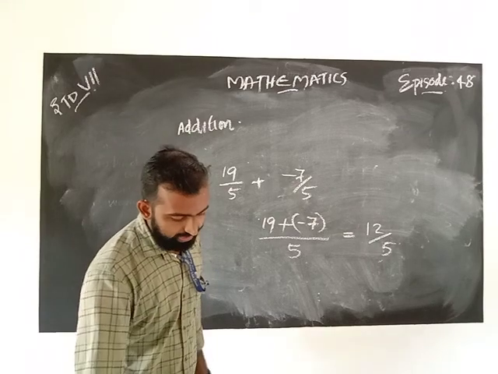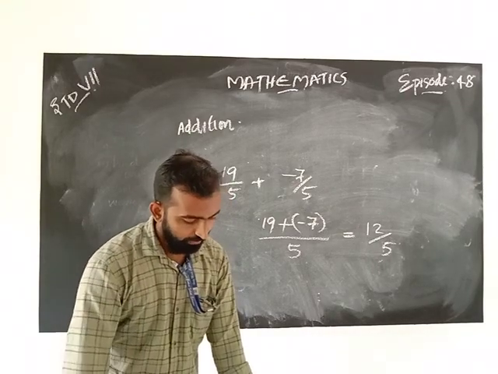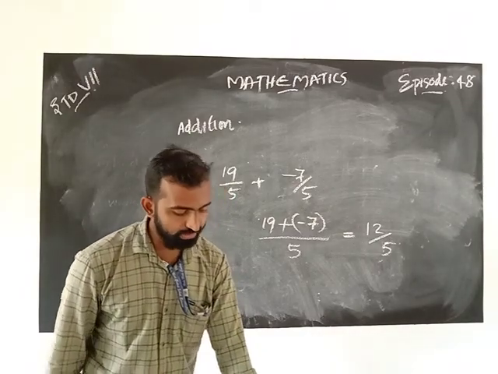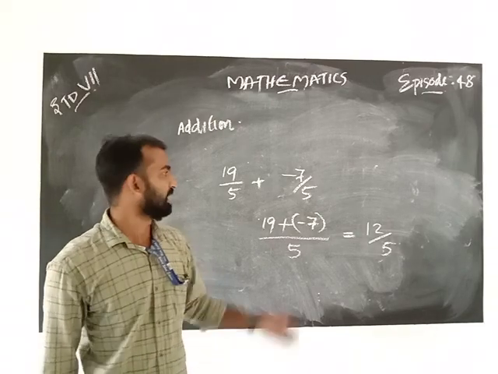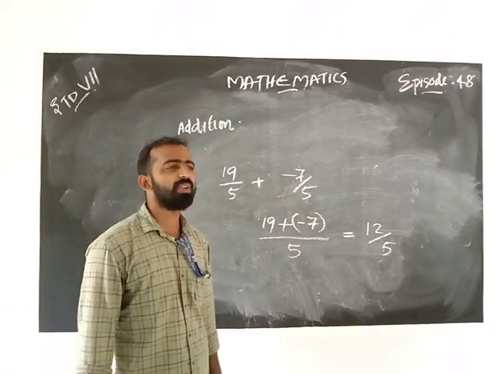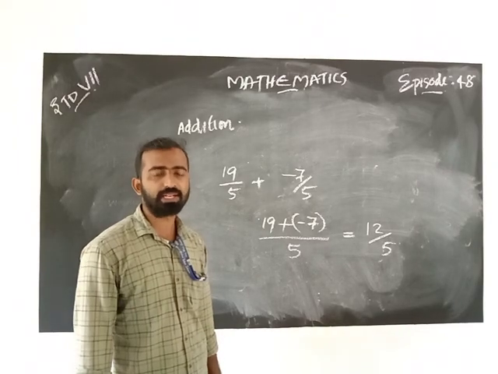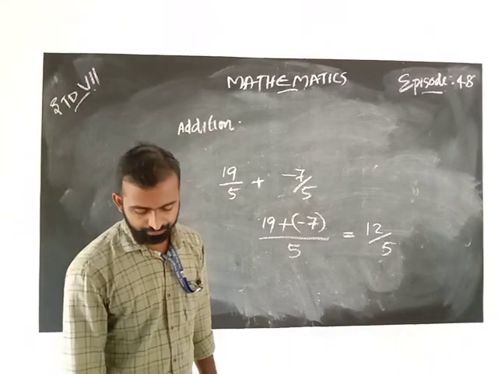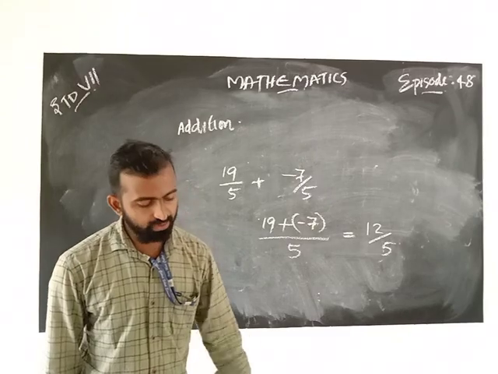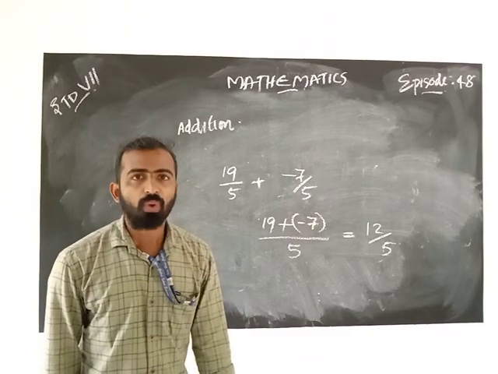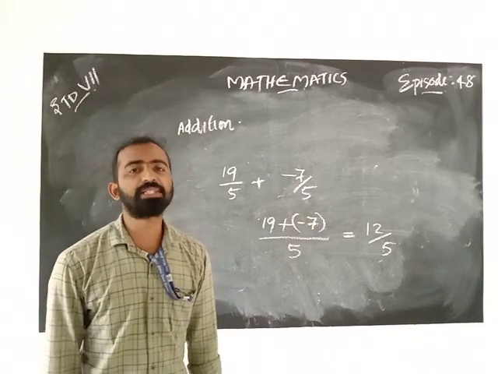And next, we are going to discuss what to do when the denominators are different. When we add two rational numbers that have different denominators, we take the LCM.